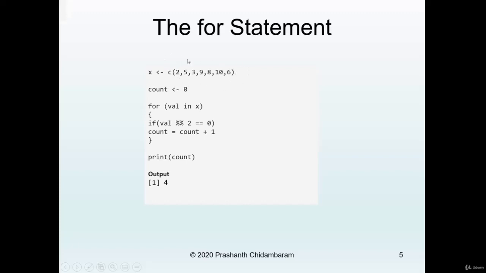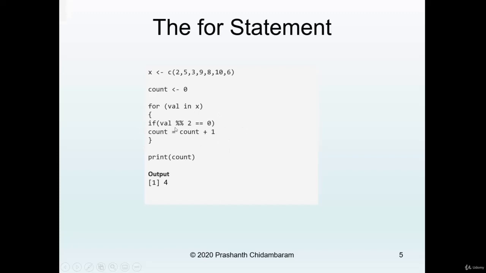So for the for statement, let's look at an example. Let's consider a vector x with some elements. In this case, it's a numeric vector, and count equal to 0, again a numeric value. So for val in x, val is basically the number that is iteratively changed inside of the numeric vector x.